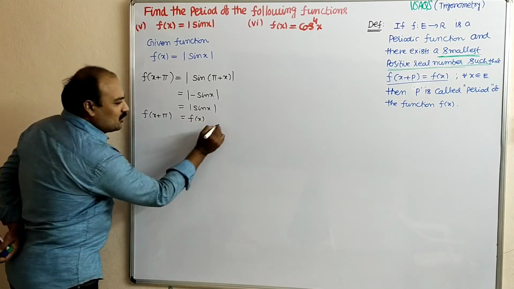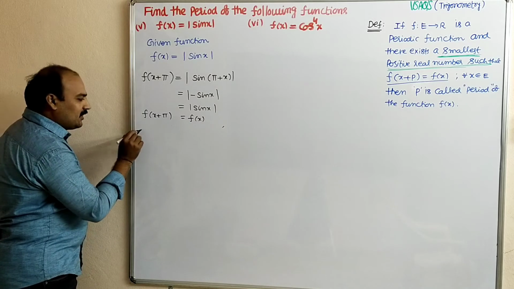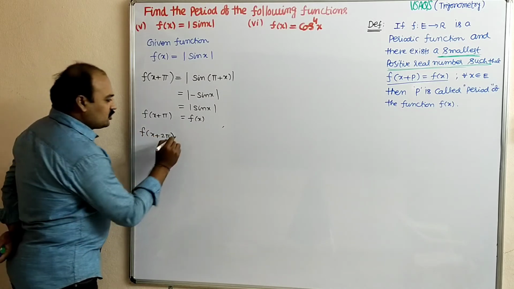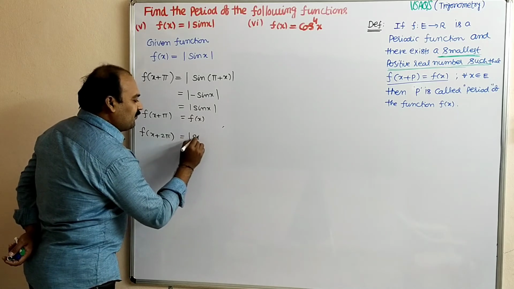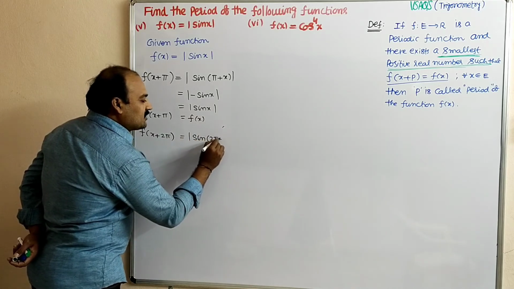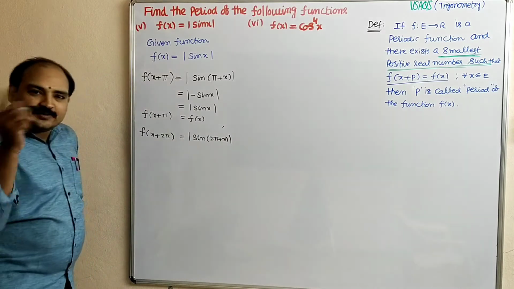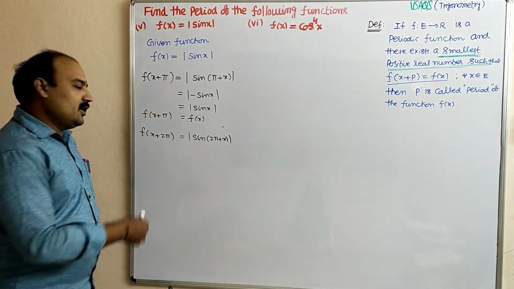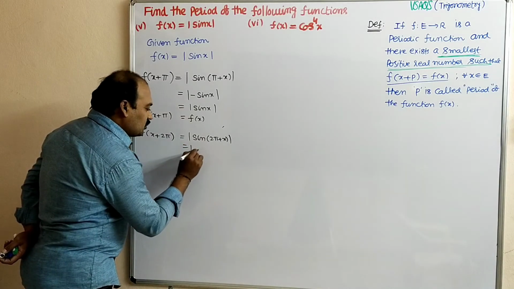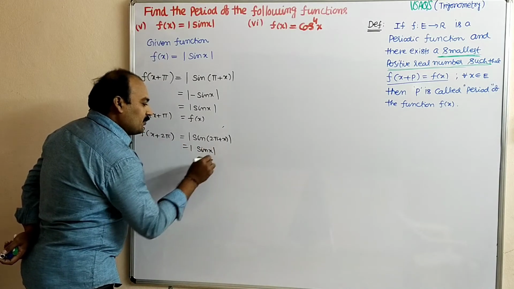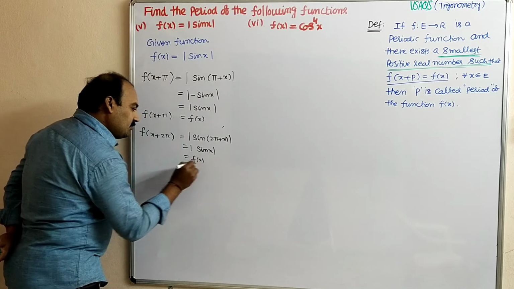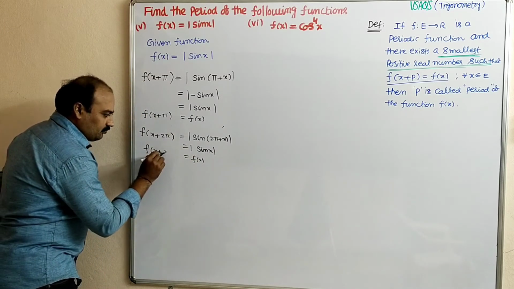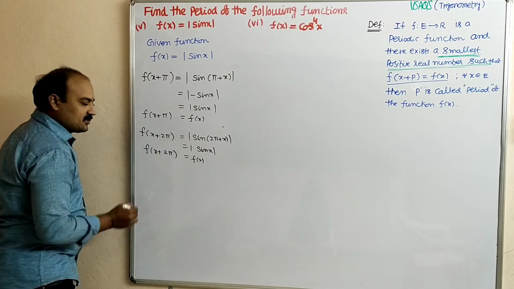One more thing you can take: f of x plus 2 pi, which is mod sin of 2 pi plus x. 2 pi plus x means again the first quadrant, where sine is positive, so sin x, which is equal to f of x. So f of x plus 2 pi equal to f of x.